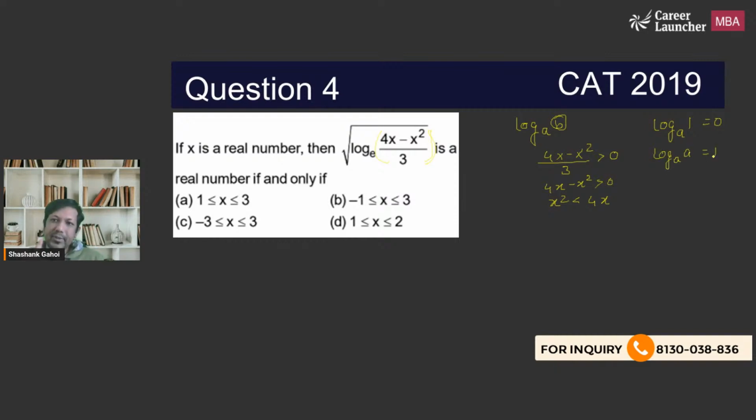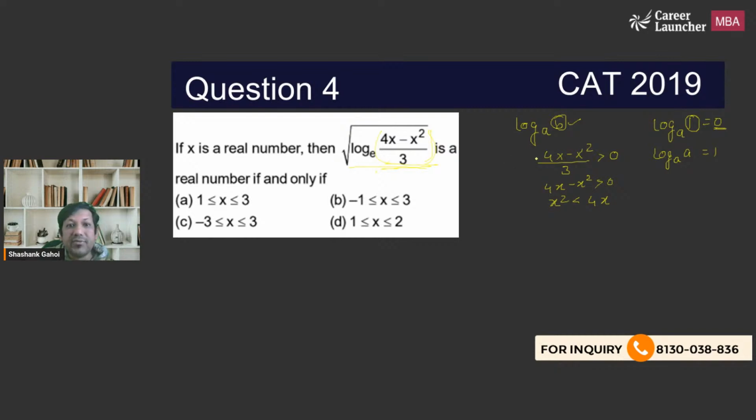So the thing is, if the value inside the log, meaning b, is less than 1, this value is going to be smaller than 0. It means it is going to be negative. If this value is less than 1, the log value is going to be negative. If it is negative, then the square root will not be defined.